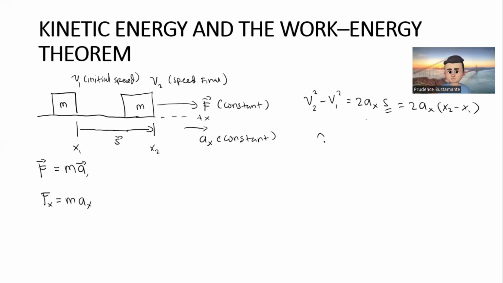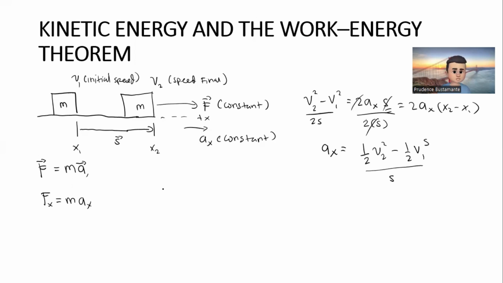Therefore, if we divide both sides by 2 times s, we can get that the acceleration ax is just equal to 1 half v2 squared minus 1 half v1 squared over s. This is the acceleration.